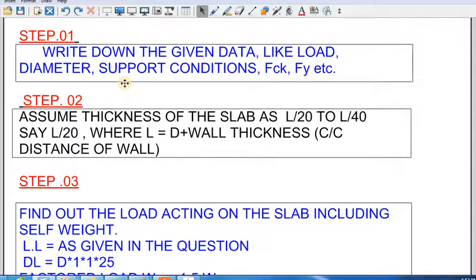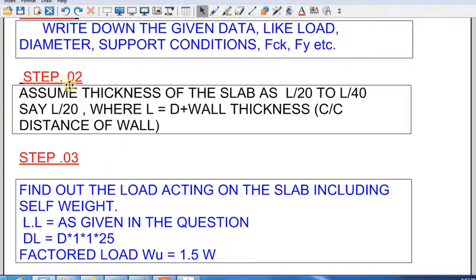Is it fixed, simply supported, or partially fixed? The next step, because any design involves finding the moments, is that for finding the moments we should know the loads and the span also.